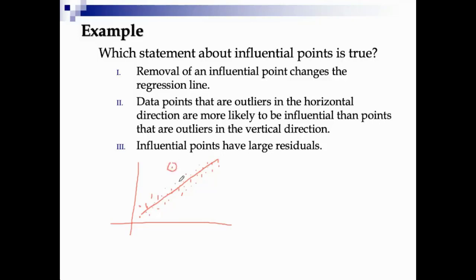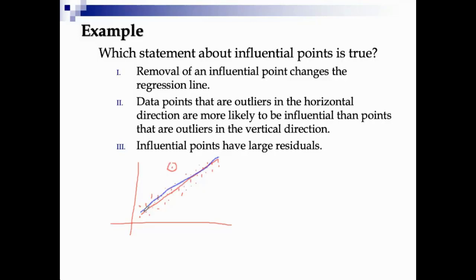I would not say it's an influential point because it's going to shift this line up slightly, but, and let me go ahead and maybe draw what I think that might look like. And I'll choose a different color. It might look something like this now. It might go like this, okay? So it might go something like that. And I apologize, that line is not great, but I'm trying to use my trackpad here and it's not that easy.